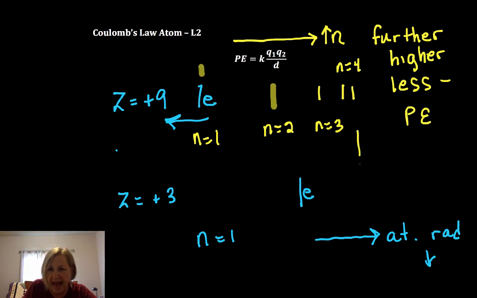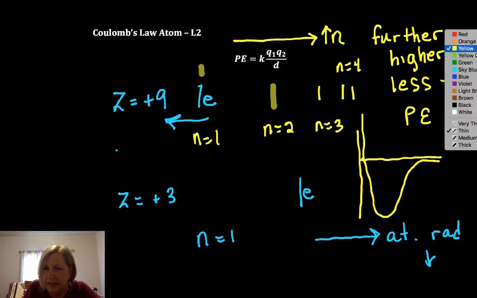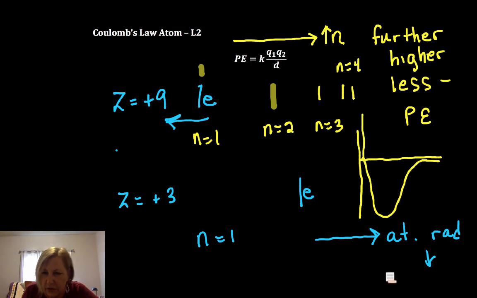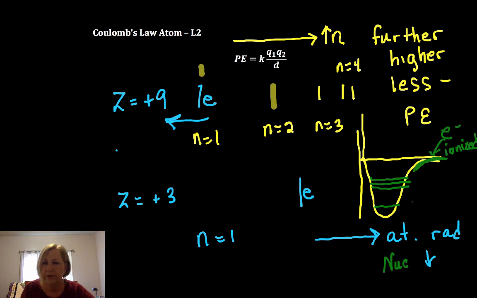So if we could go back to that picture and superimpose on that image, we could envision the nucleus down here, N equals 1, N equals 2, N equals 3, N equals 4, and so forth, until the electron is ionized or gone, as it got further and further from the nucleus.